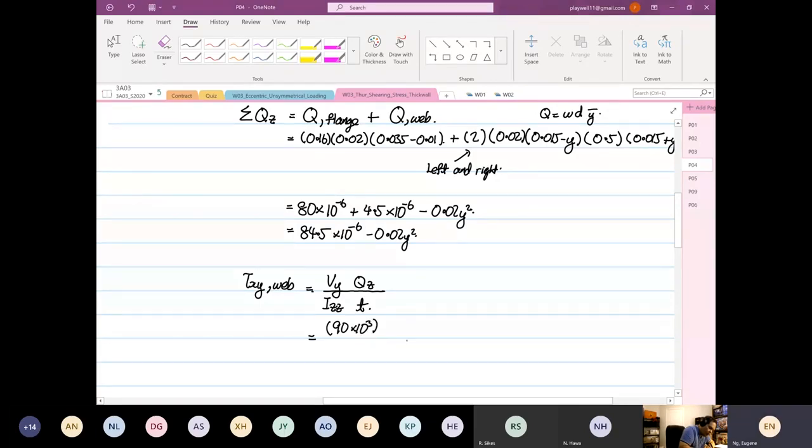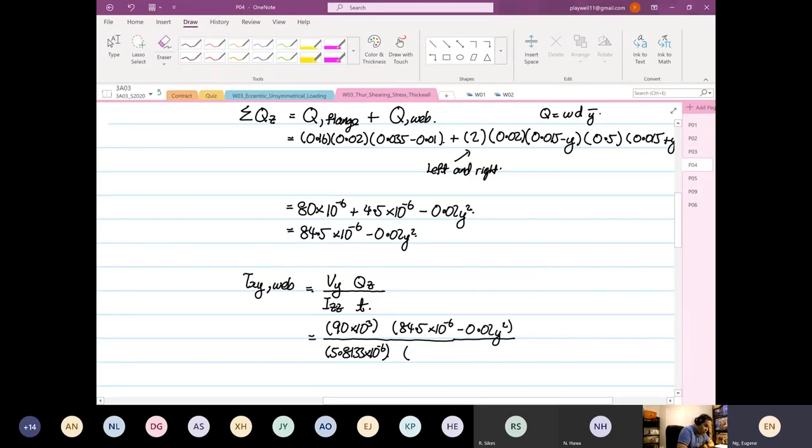over Izz, which is equal to 5.8133 times 10 to the power minus 6. So both of these are constant. And then you find your Qz, which is 84.5 times 10 to the power minus 6 minus 0.02 y squared, right?